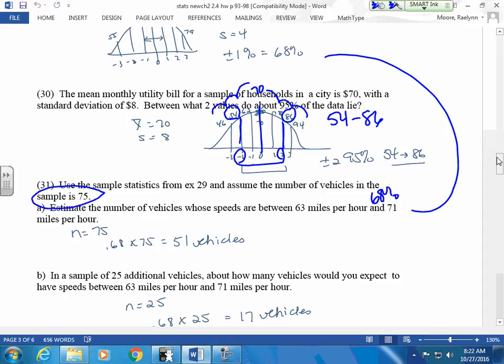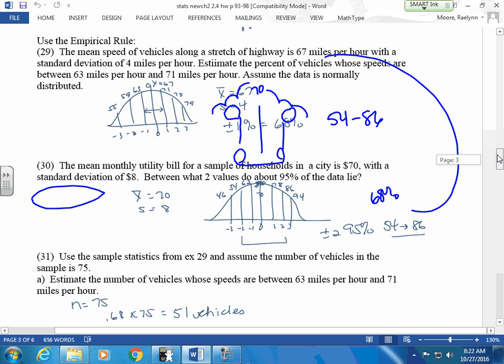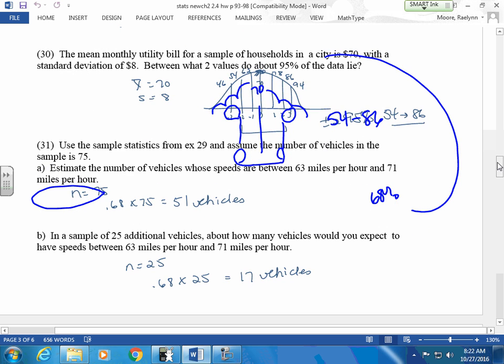I'm a trooper on the road looking for speeders, and I found that 68% were going between 63 and 71.